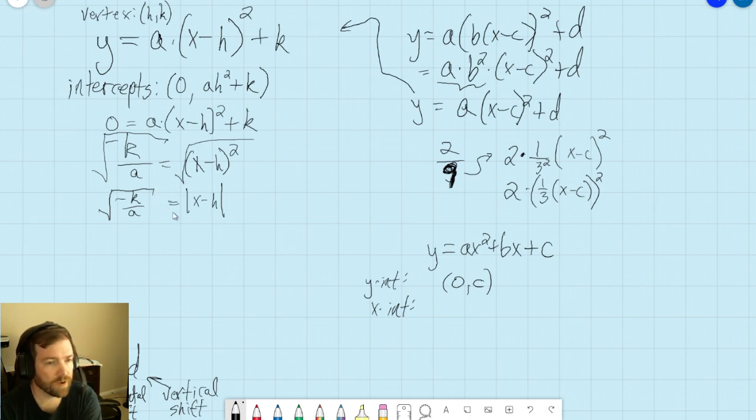Okay, then from here, if we have the absolute value of x minus h, we can rewrite this. Typically, I force my students to rewrite this as the piecewise function: x minus h if x is greater than or equal to h, or h minus x if x is less than h. And then it breaks down into two possibilities.